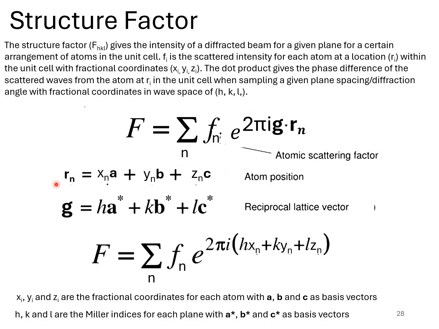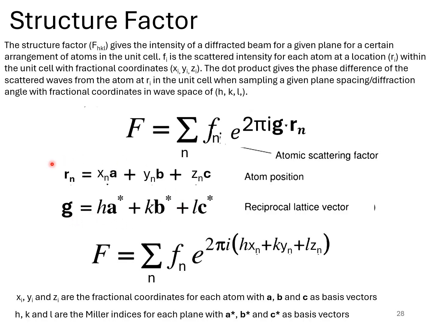So if we have an atomic position which is defined by the fractional coordinates x, y, and z on the lattice, the principal lattice basis a, b, c, we have a corresponding reciprocal lattice basis a star, b star, c star, and we also have fractional values which define the reciprocal lattice vector, or the g vector, the wave vector defined by the Bragg condition for that plane.